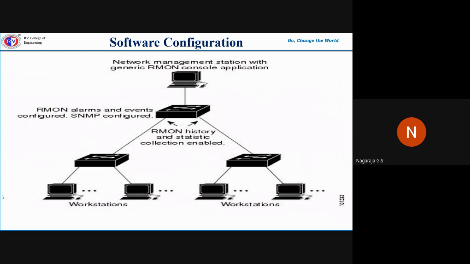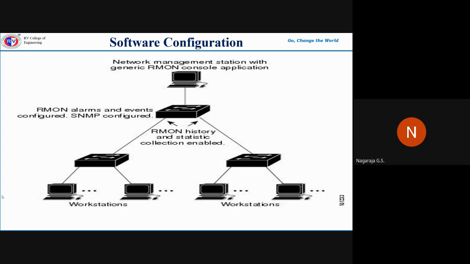The software configuration has a network management station with a generic RMON console application, which is deployed at the top. Look at there. Then RMON alarms and events configured, SNMP configured details and statistics, which are flowing across your network, provide the information to your console application.